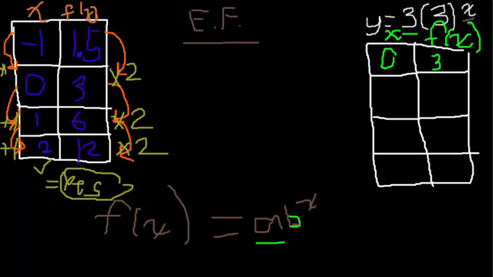So let's try 1 this time. 3 to the power of 1 is 3, and 3 times 3 becomes 9. And as for 2, 3 to the power of 2 is 9, and 9 times 3 becomes 27.